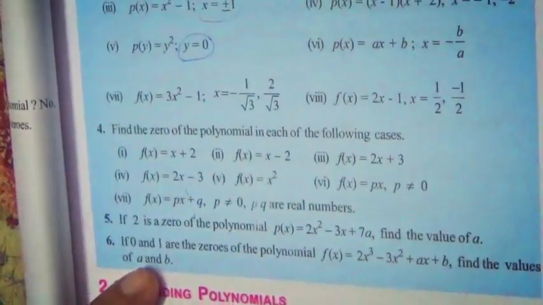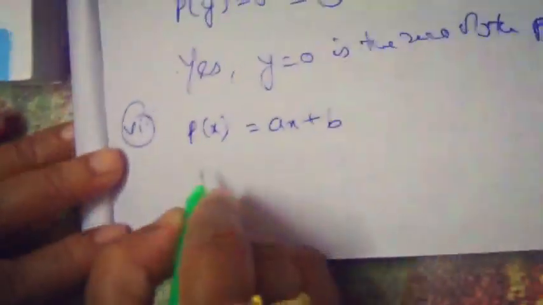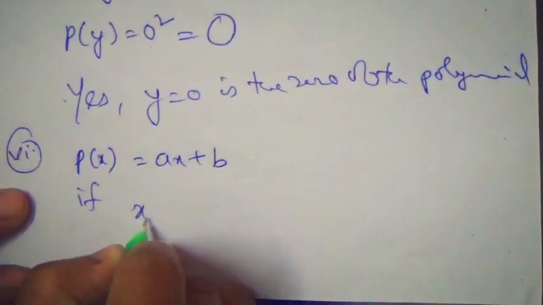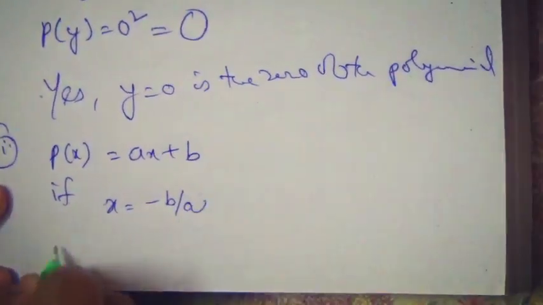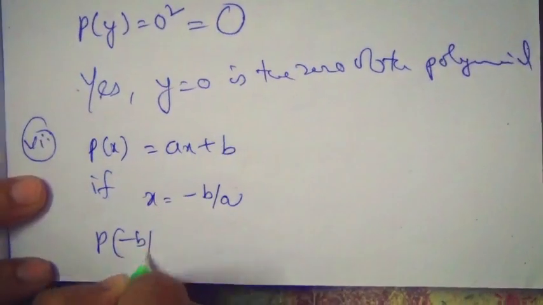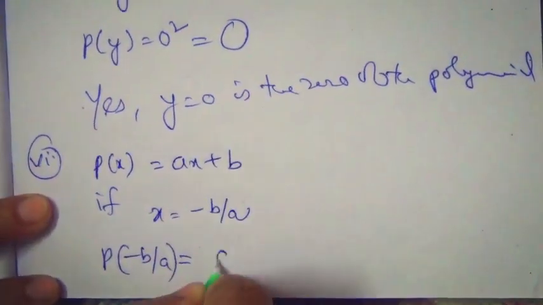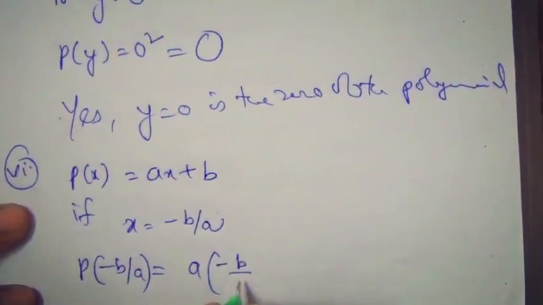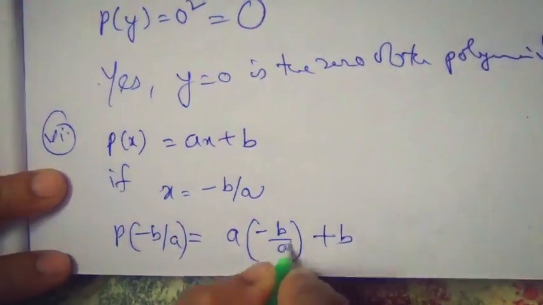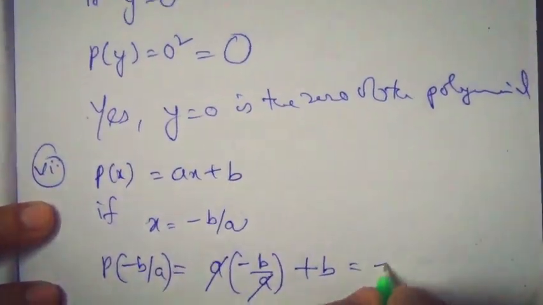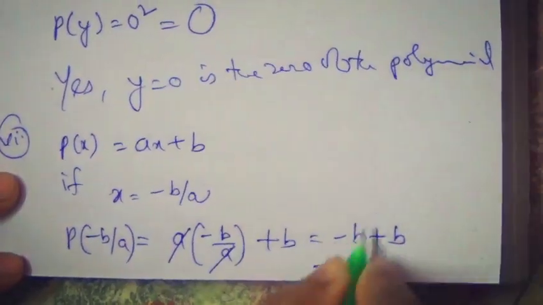So p of x is equal to ax plus b. If x is equal to minus b by a, that implies p of minus b by a is equal to a of minus b by a plus b. So you just cancel these two, then you will get minus b plus b. Cancelled. 0. Yes.